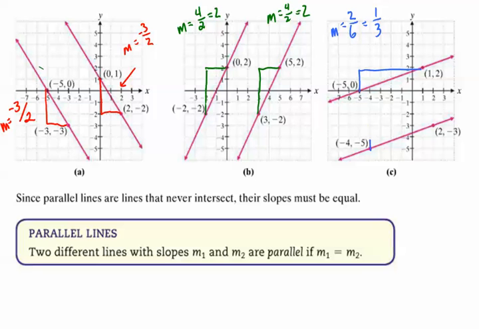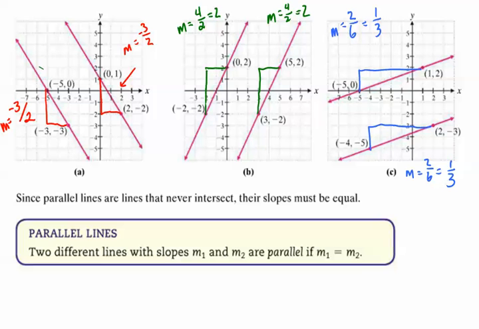On the other line, climb up 1, 2, right 1, 2, 3, 4, 5, 6. And so we end up with m equal to, again, 2 over 6, which is 1/3. Showing again that two lines that are parallel have the same slope.